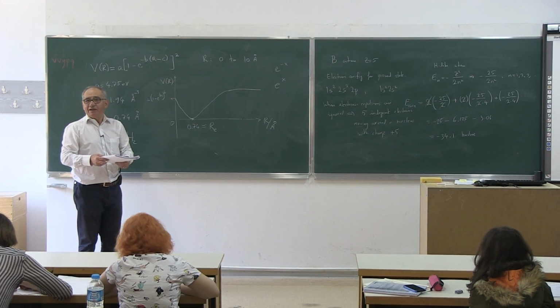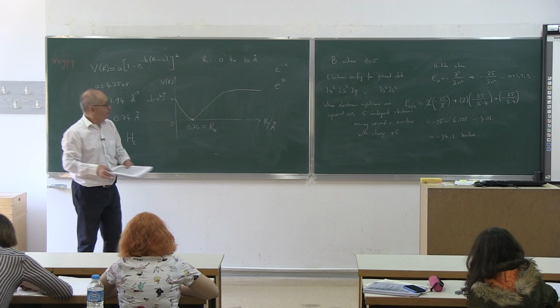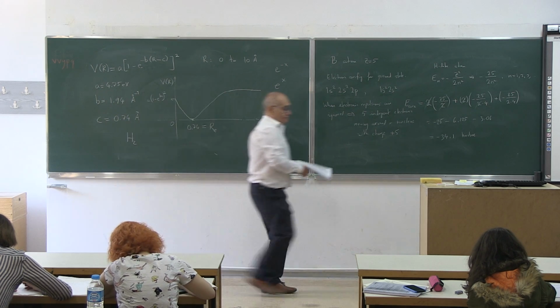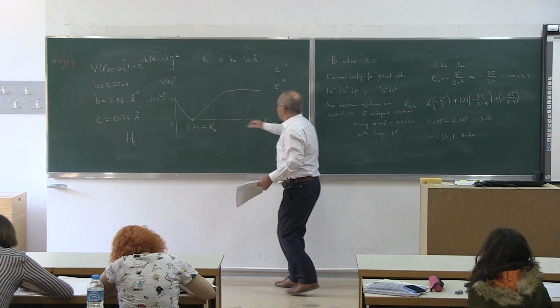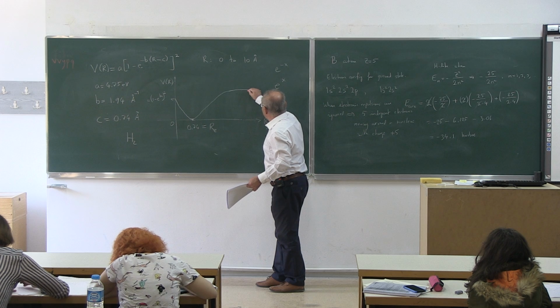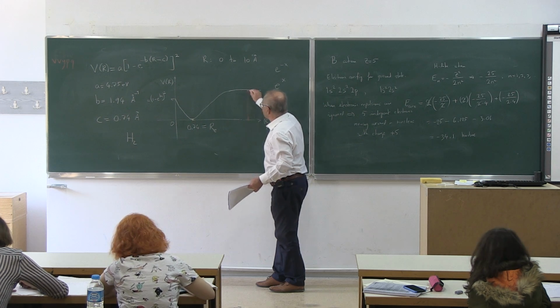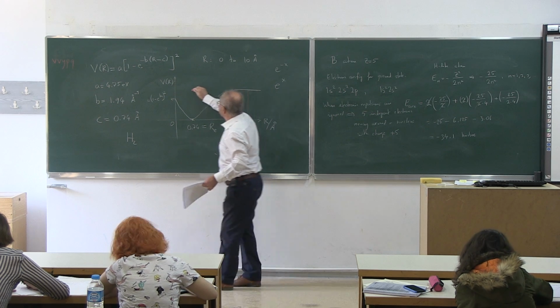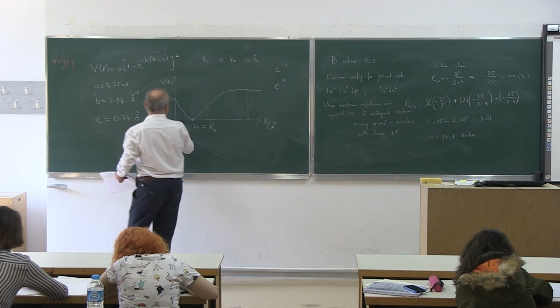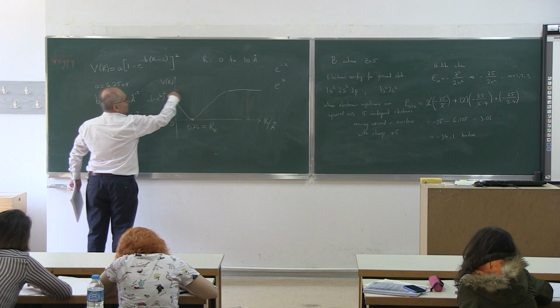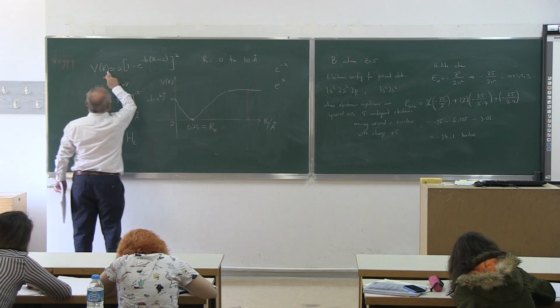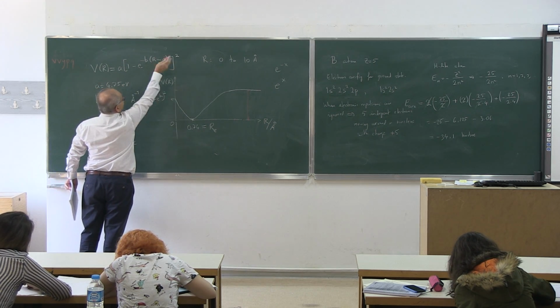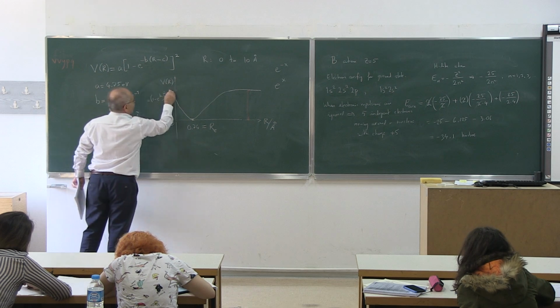What is the value of the electronic dissociation energy? Electronic. By definition, the electronic dissociation energy is this difference, or the value here, because the lowest value is 0. What is the asymptotic value for potential energy when R becomes very large? It is just A, isn't it?